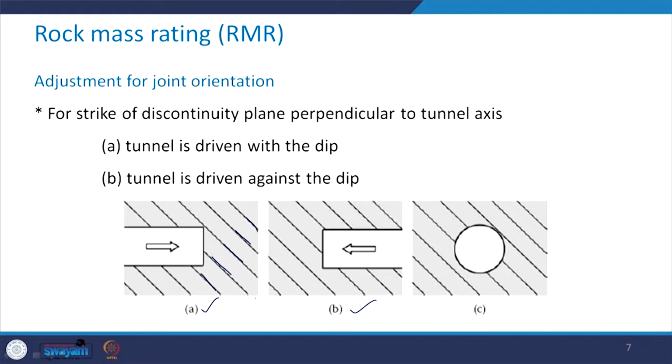These joint sets are dipping in this direction, and the tunnel is also being driven in this direction. So the tunnel is driven with the dip. However, in case B, it is the other way round: the tunnel is driven against the dip. That is, all the joints are dipping in this direction and the tunnel is being driven in this direction, which is against the dip.